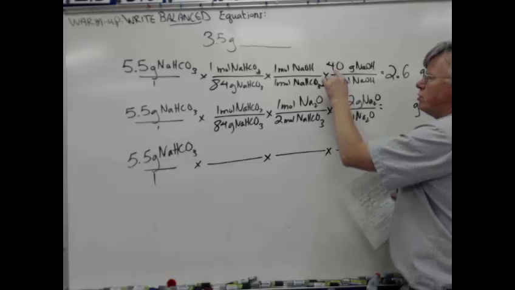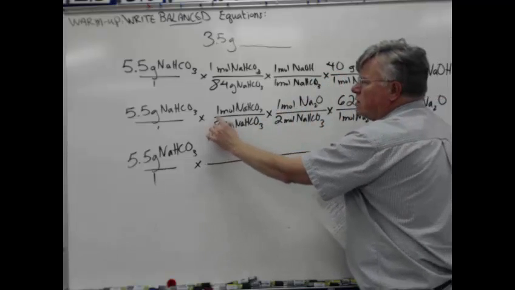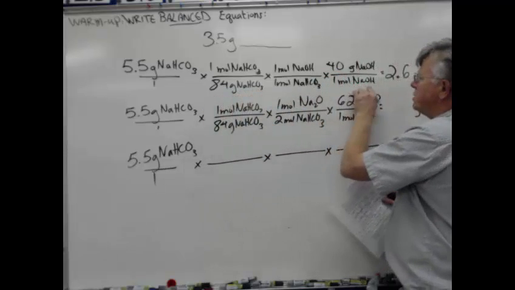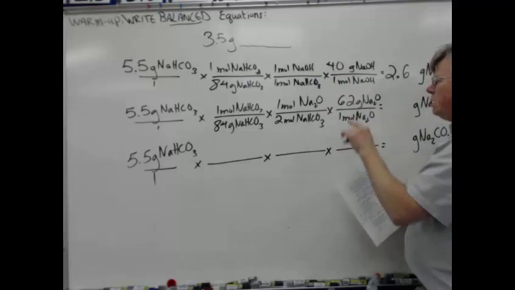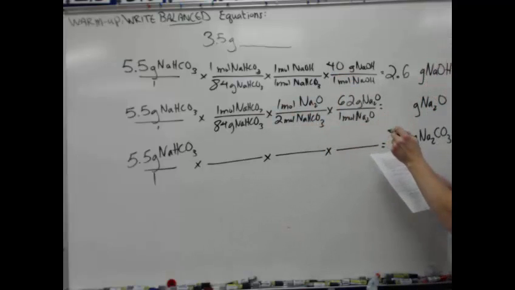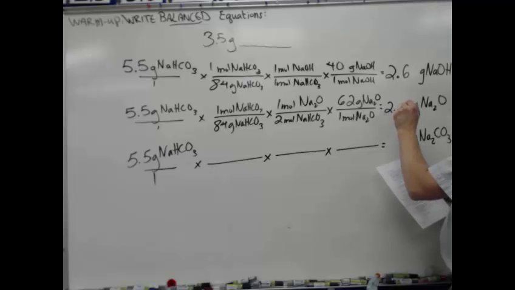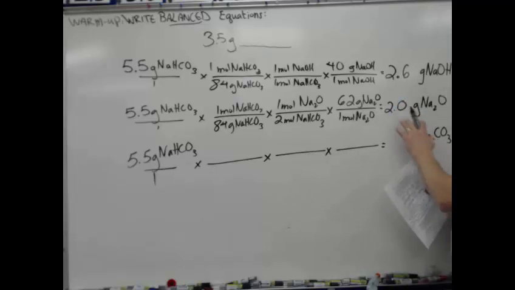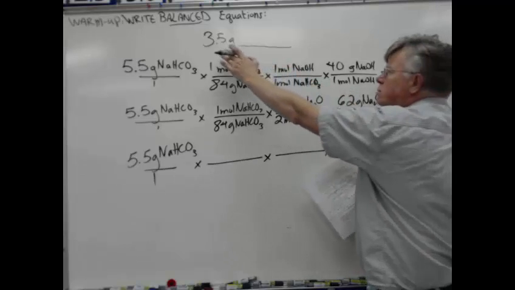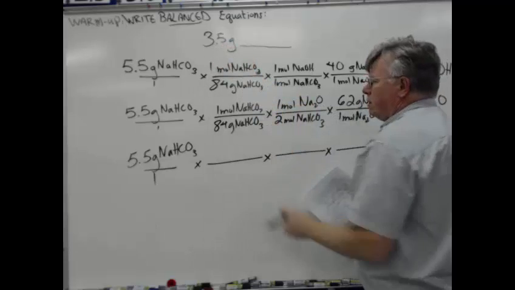Again, remember these numbers are all coming from the periodic table, the formula mass, all added up. Do the math here, and I got a theoretical of 2.0 grams, even less, and an even worse match than this.